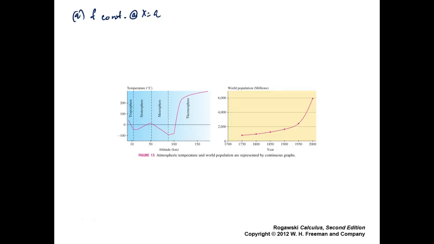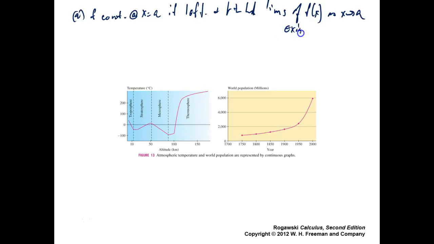F is continuous at x equals a if the left and right hand limits of f of x as x approaches a exist and are equal.